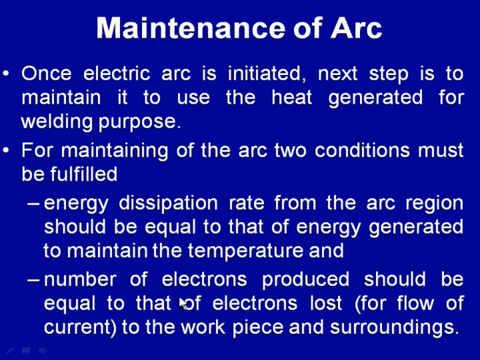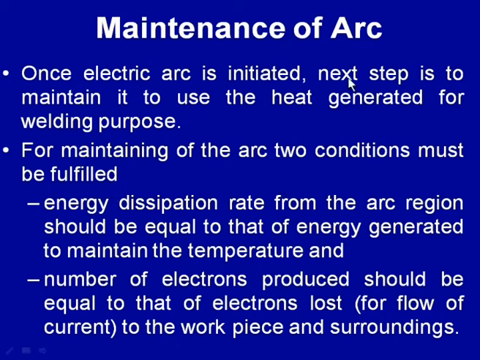Similarly, during the welding, the number of charged particles present in the arc gap will be lost gradually, either to the surroundings or to the base material, or they may reunite. So, the loss of these charged particles once the arc is initiated must be compensated. The loss of these charged particles in the form of electrons and ions must be compensated by generating more electrons, so that a sufficient number of charged particles in the arc gap can be maintained and the flow of current can continue.